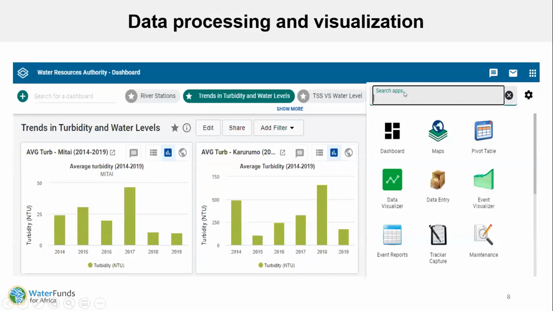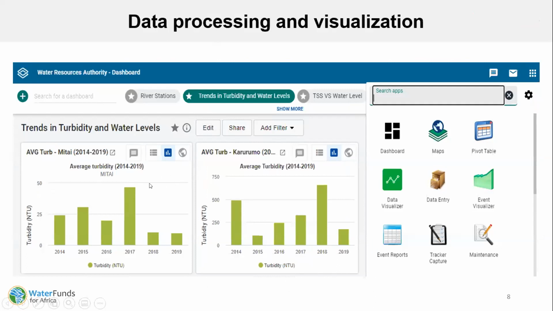So all this data will require a central database to be processed, to be analyzed, and plotted for visualization. And we finalized the customization of this particular tool called the DHIS, the District Health Information Tool.